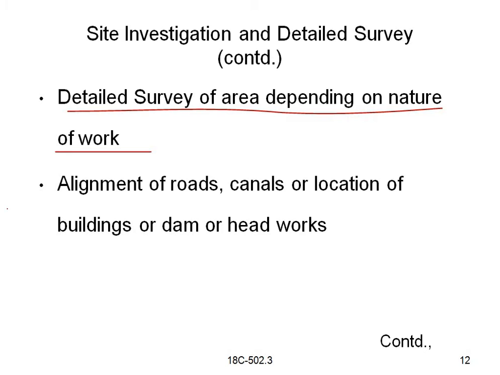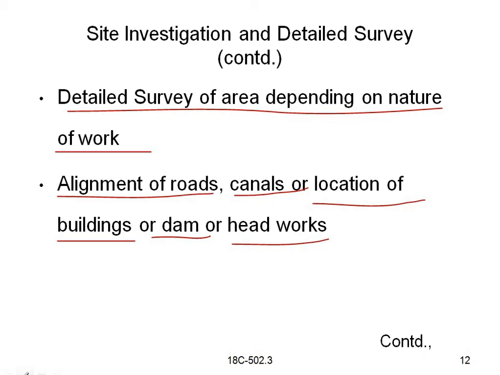And the next is alignment of roads, canals, or location of buildings or dam or headworks. So this is a very important thing. The alignment of roads means the way of roads, in which way the canals are passing, whether it is in the site or not, or near any construction site, and we have to identify the location of buildings, and whether any dam or headworks are there.